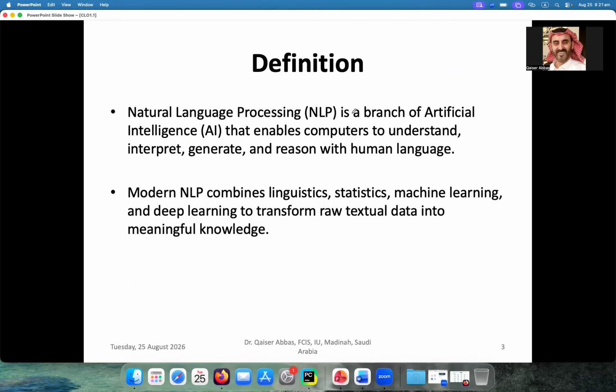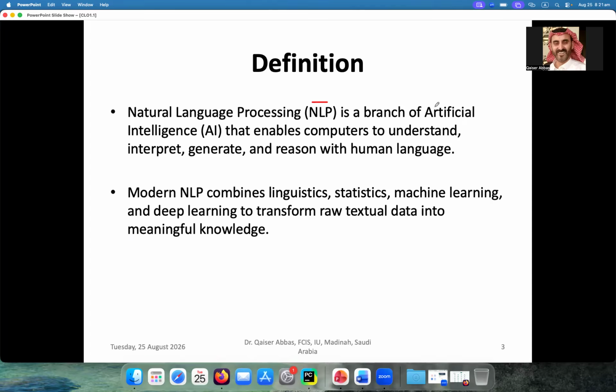Now, what is the definition of NLP? One thing is clear, that NLP is a branch of AI, not from today, from the beginning. When AI emerged in history, at that time there were only two branches.